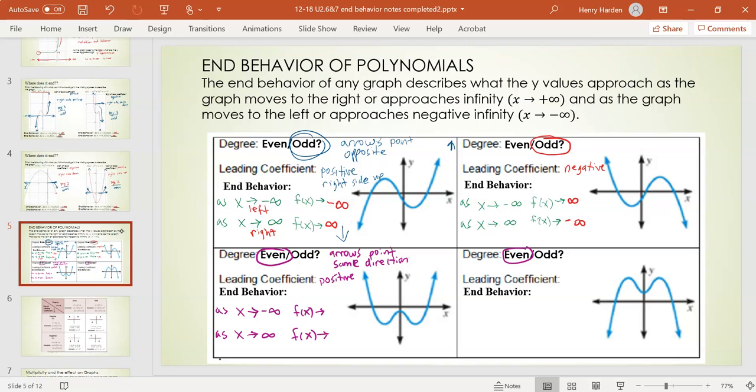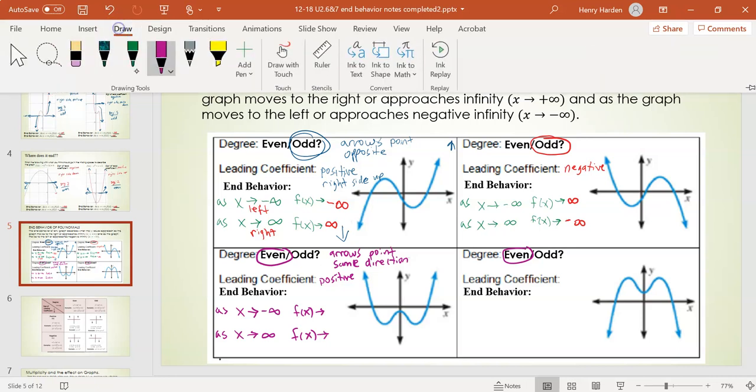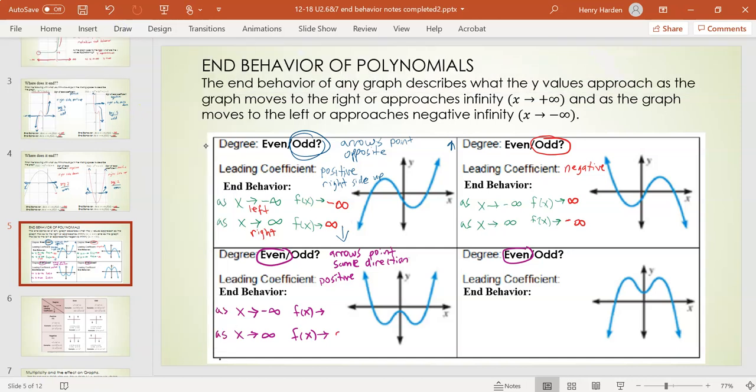In this case, because the leading coefficient is positive, I know that the right side is going to approach infinity. And then I know that the left side is also going to approach infinity because both arrows point up.